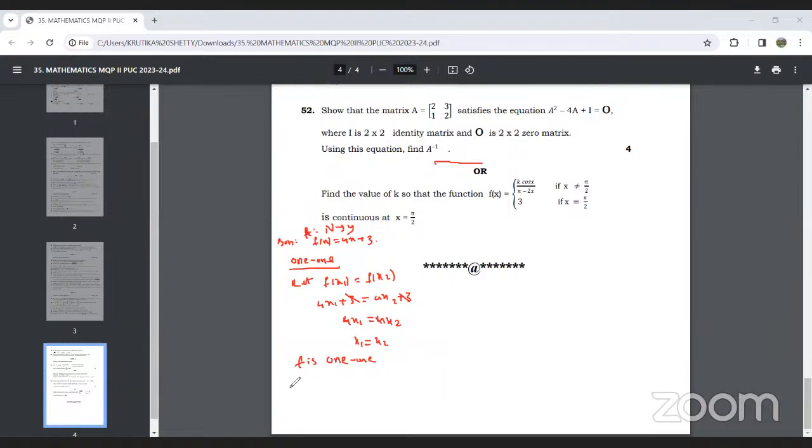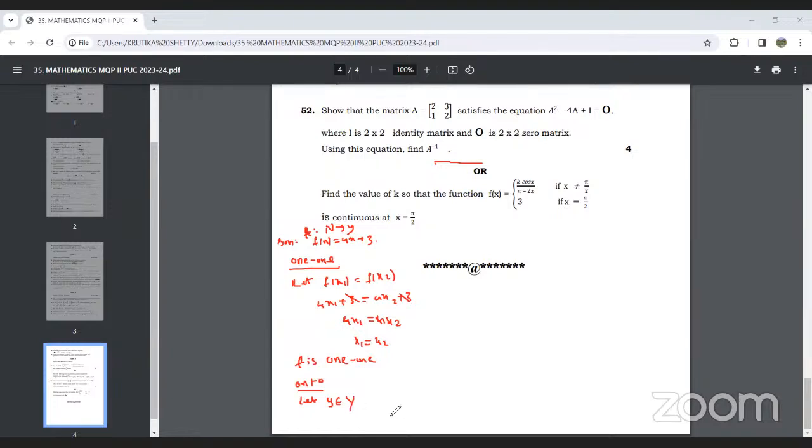Now in case of onto, we need to show that for every y there is a pre-image x in the domain. So what we will do is let y belong to the codomain.